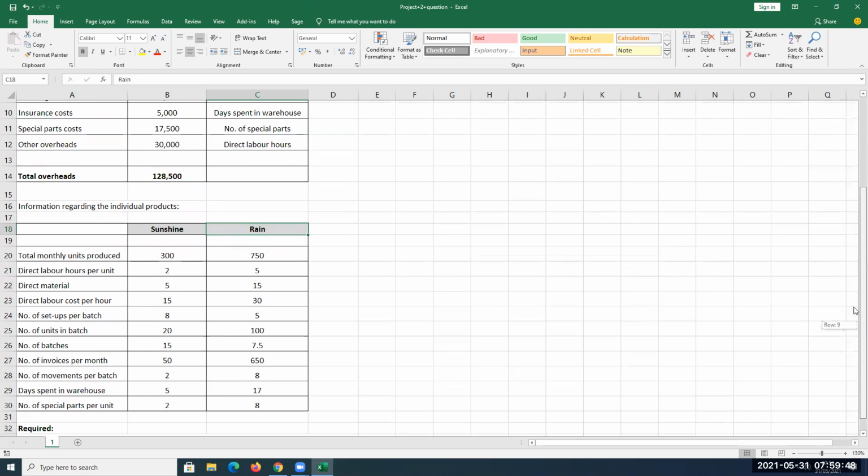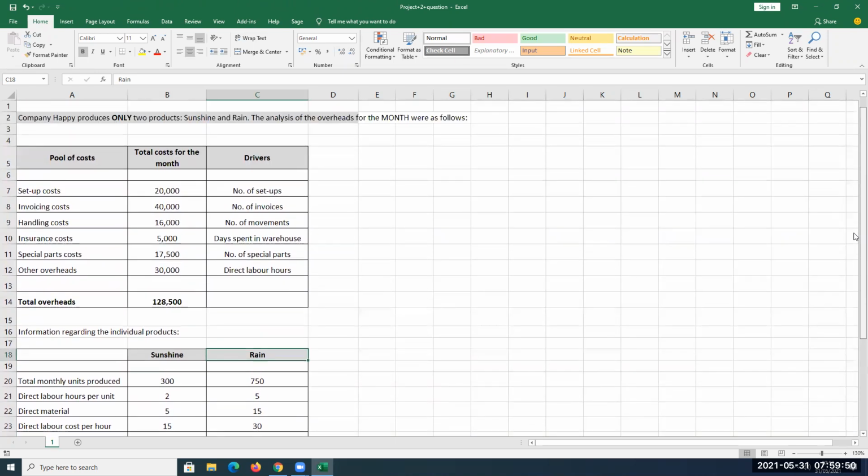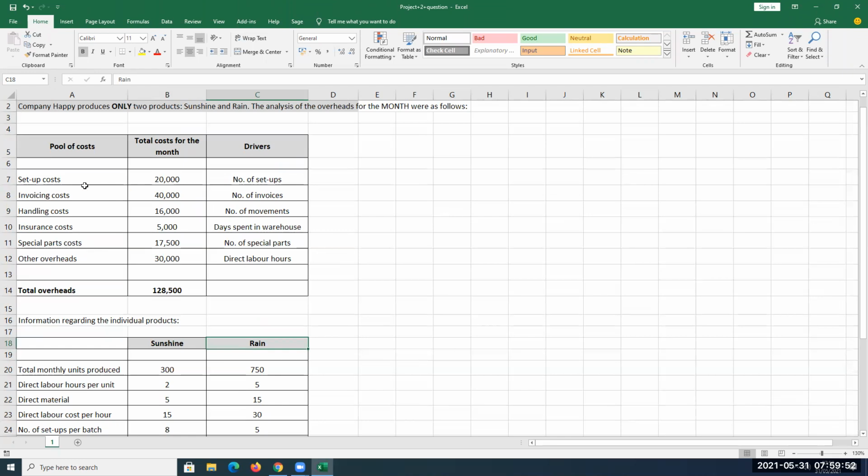Step 1 is we need to find out the total number of setups. This cost 128,500 is the total fixed cost. We need to divide this fixed cost between these two products according to the cost drivers. So cost drivers are given here.